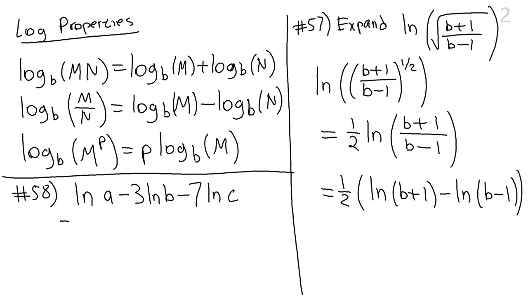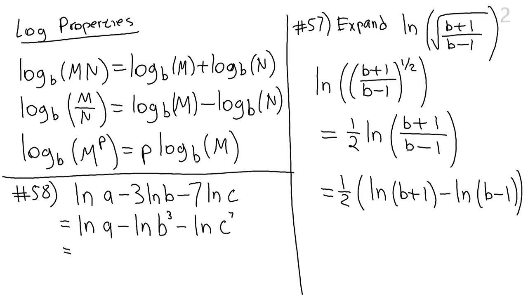So what I'm going to do first, I'm going to use the power rule. This is natural log of a minus natural log of b to the power of 3 minus natural log of c to the power of 7. I can also switch the minuses to pluses, but then my exponents are going to be negative.